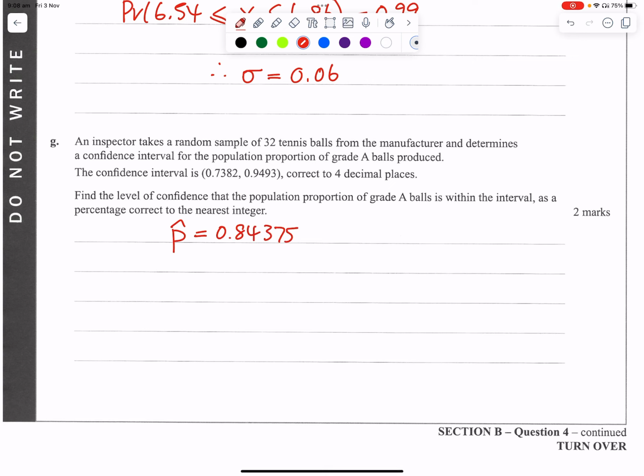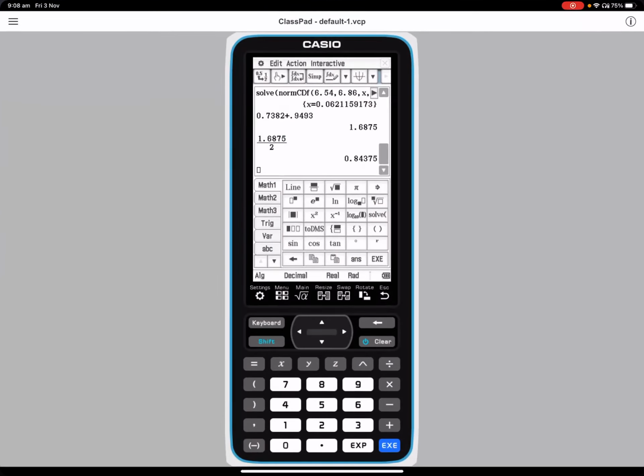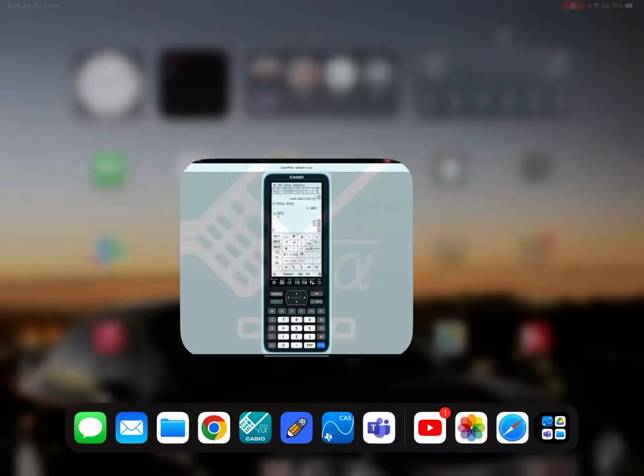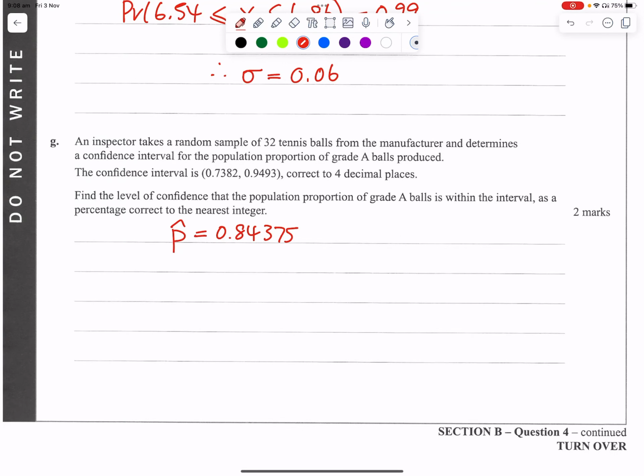Okay, find the level of confidence that the population proportion of A-grade balls is within the interval. Can we get that? 27 on 32.